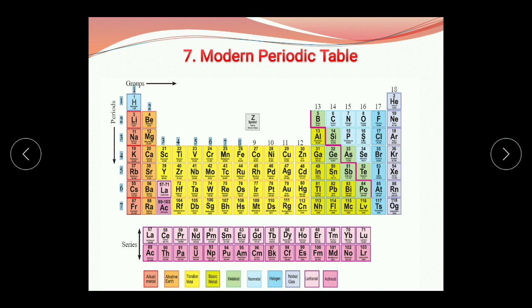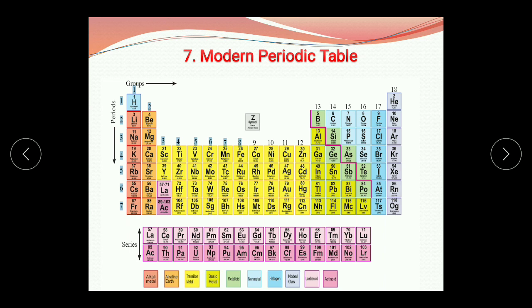Hence, this revised version of Mendeleev's periodic table came into existence and is called the modern periodic table, or the long form of the periodic table. It is the most convenient and widely used form of the periodic table.